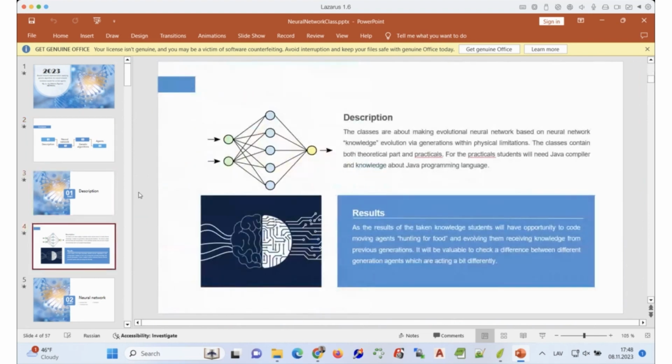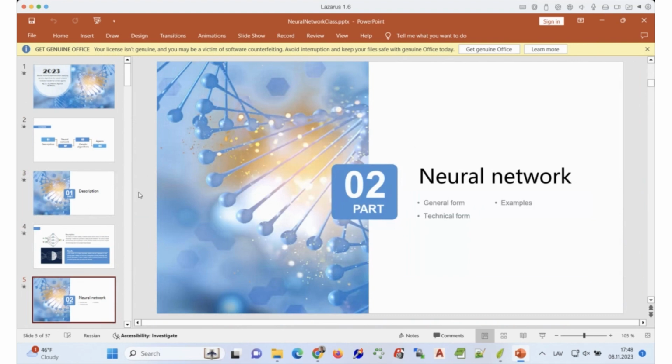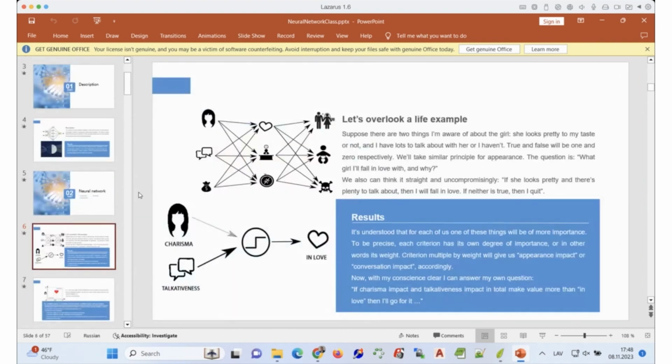So the idea is, okay, the neural network. As I said, there will be a lot of live cases, a lot of fancy images. And I will start this topic from Adam and Eve, so from far away.